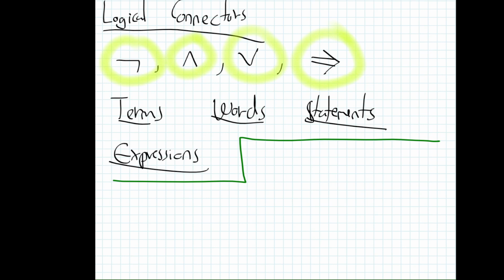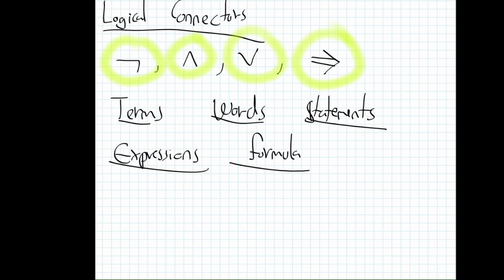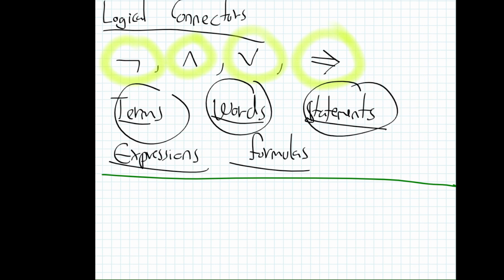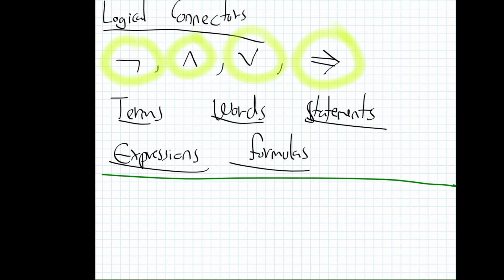Okay, let me actually include formula here. So logical connectors, they interact with all of these, right? In between each other, and so on. And here's how they work.